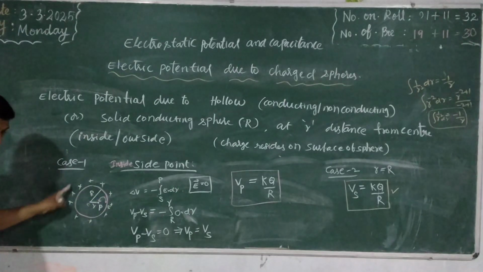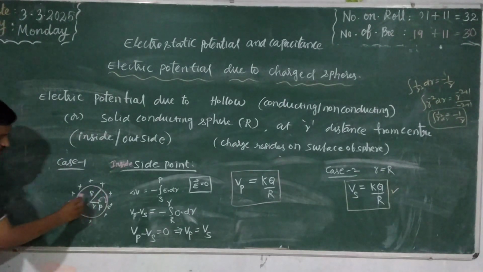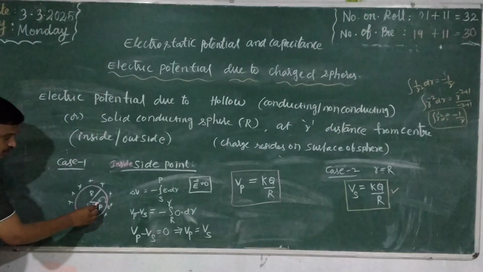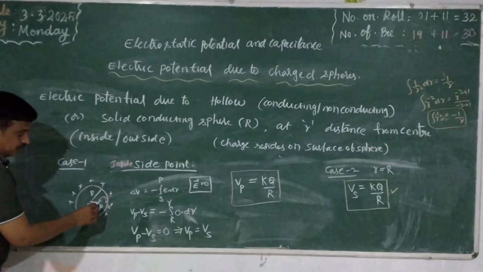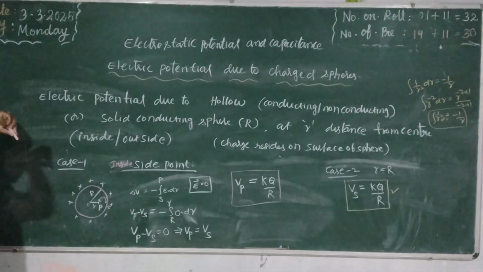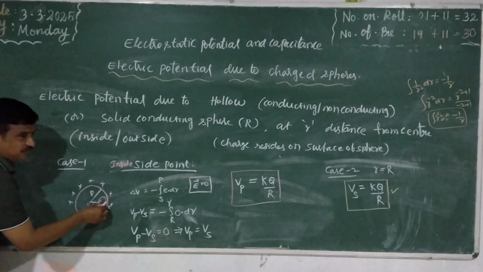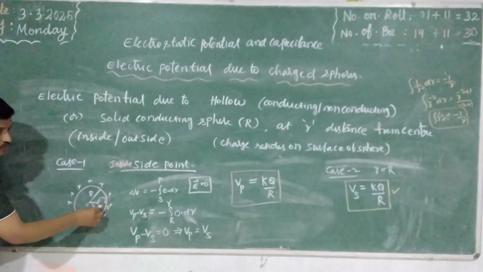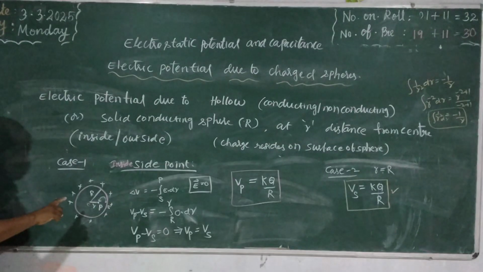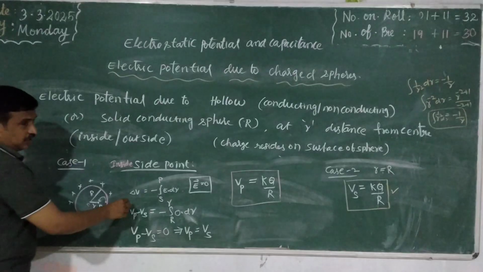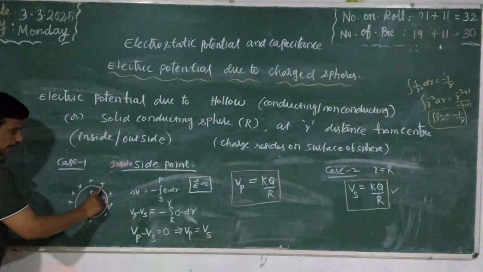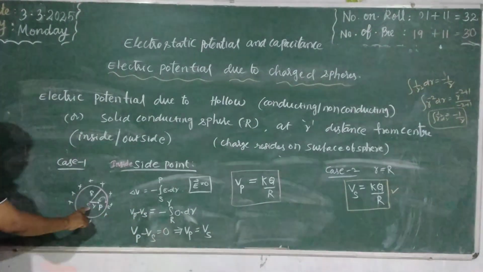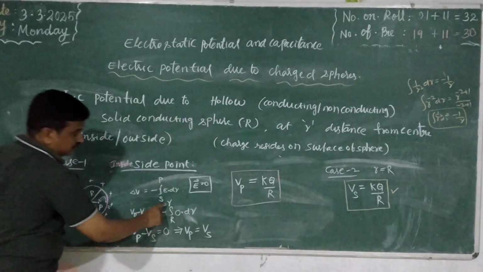Charge resides on the surface. Capital R is the radius of the sphere, and small r is the distance from the center to the inside point P. For deriving the electric potential at point P we select one more point, just below the surface, S. From S to P the charge is moving, so delta V equals minus integral S to P of E dot dr. S means the point just below the surface, that is capital R. P means r distance from the center, inside point, that is small r.